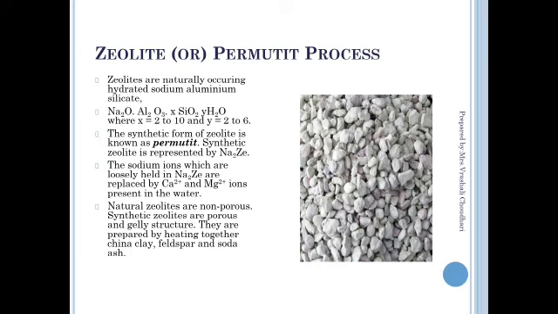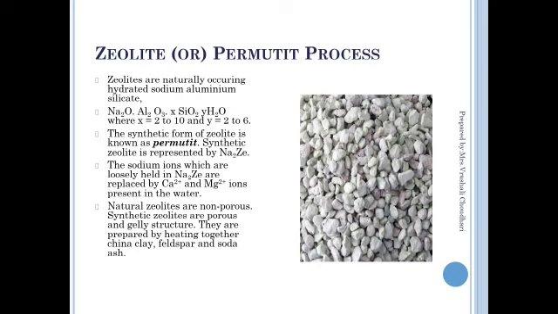So we are allowing hard water to flow through this zeolite and permutit. When it is flowing through, this stone like structure absorbs calcium and magnesium and it is replaced with sodium. Natural zeolites are non-porous, while the synthetic zeolites are porous and have a jelly-like structure.